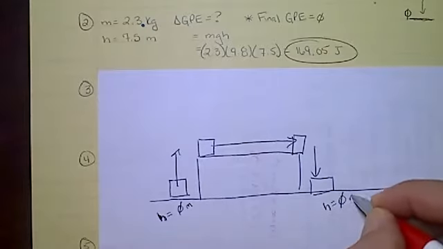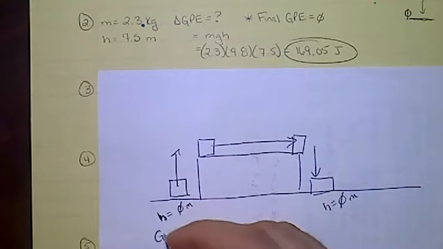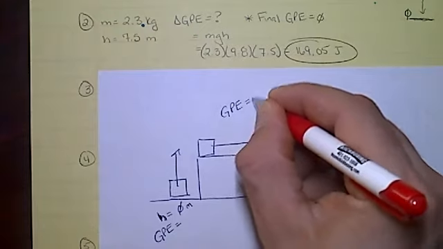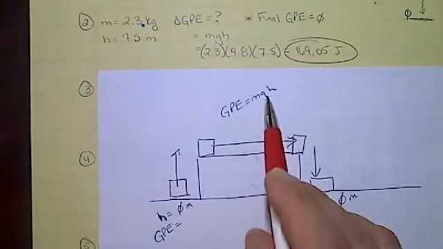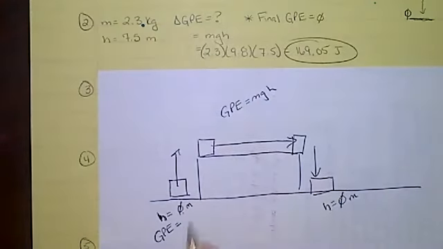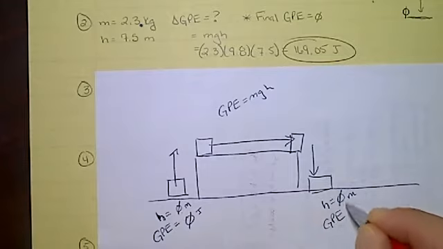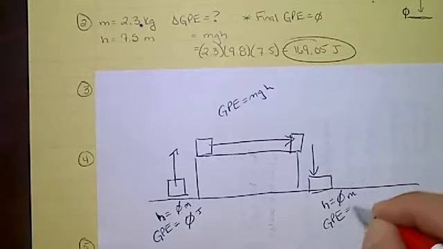Correct, 0 meters. So overall, what would be the GPE here? Remember, GPE equals mgh, and if the h is 0, the GPE has to be 0 joules. What is the GPE over here? Again, if h is 0, that's also 0 joules.